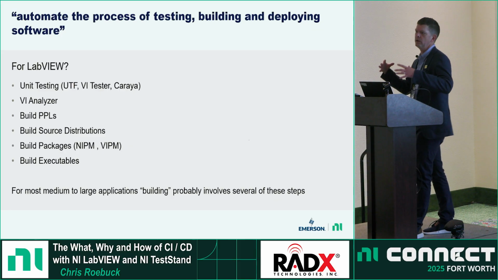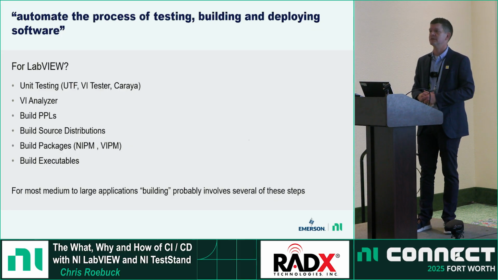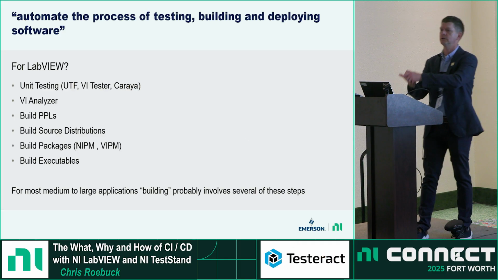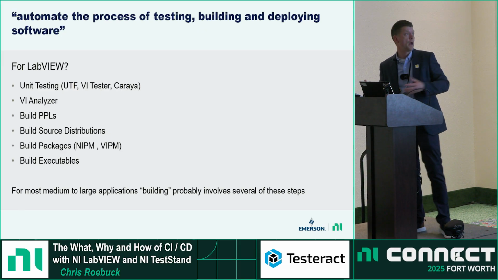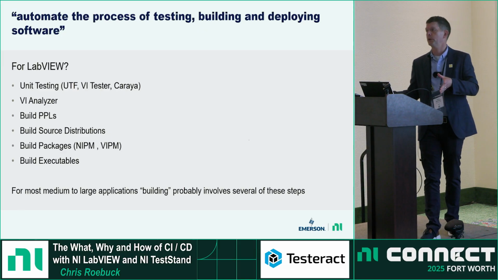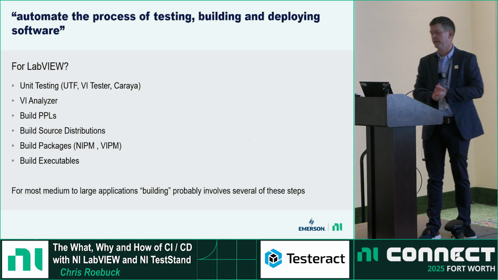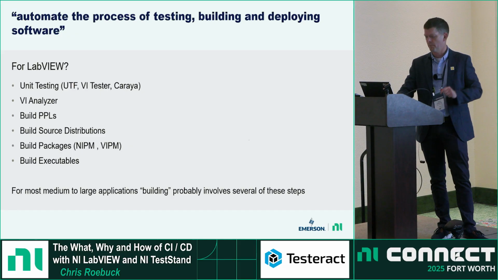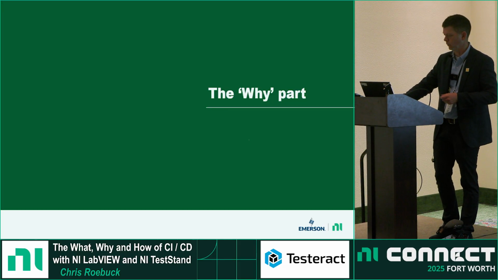Chances are, if we have a large or even a medium application, we're probably going to be doing several of those things. We're probably going to want to do VI Analyzer, unit test, but our actual software application itself might be made up of multiple PPLs, an executable, some reuse packages that are in NIPM or VIPM. So we're probably going to be doing multiple items from that list. I'm going to show you how to do that in a little while.